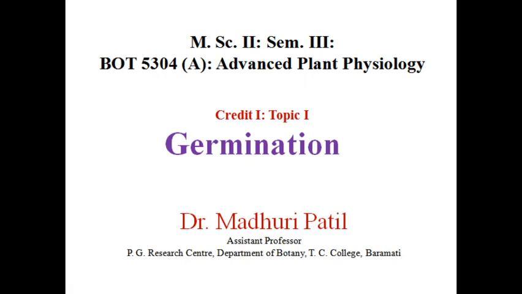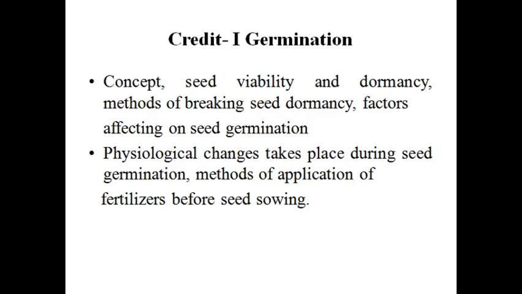In the second year Advanced Plant Physiology paper, in first credit, we are going to study the topic germination. In this credit, we are going to study in detail the concept of seed germination, seed viability, dormancy, and methods used for breaking seed dormancy, along with the factors affecting seed germination.